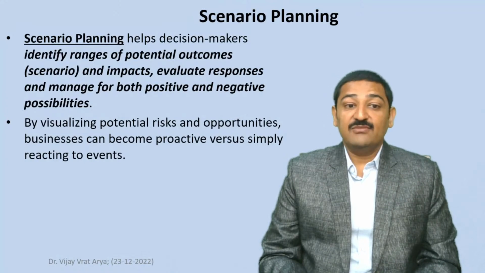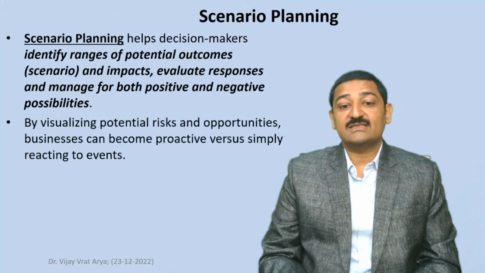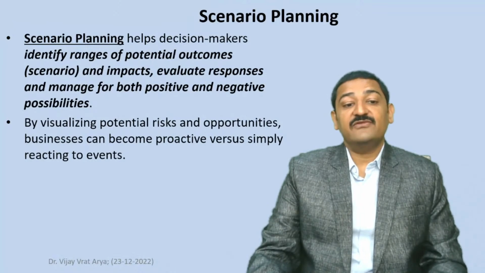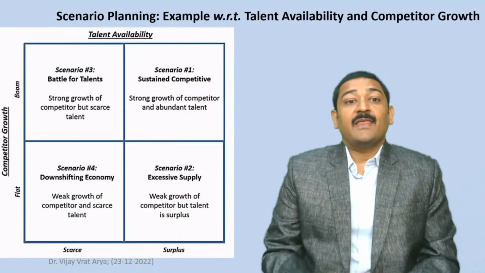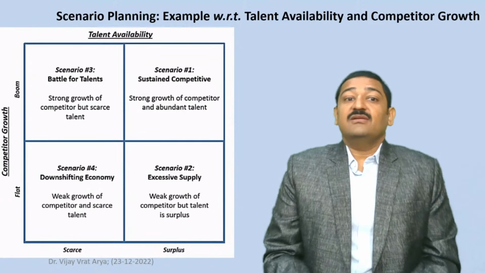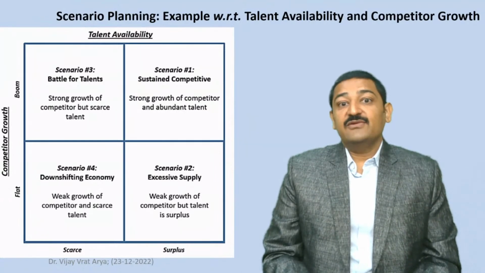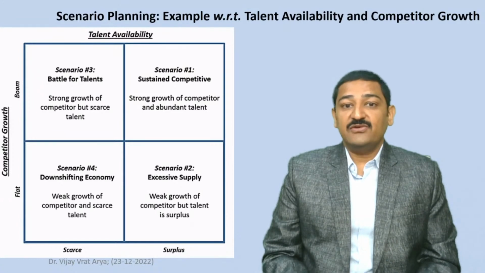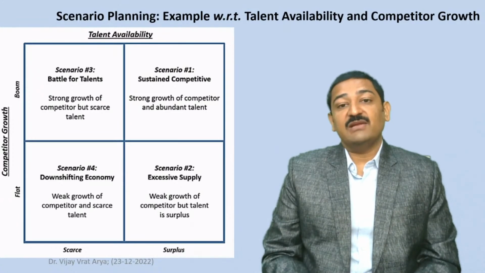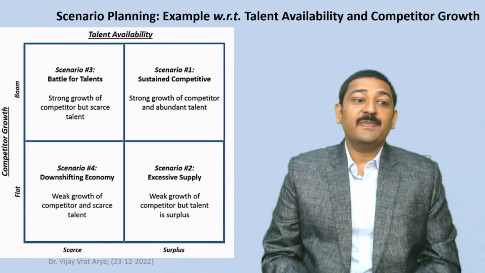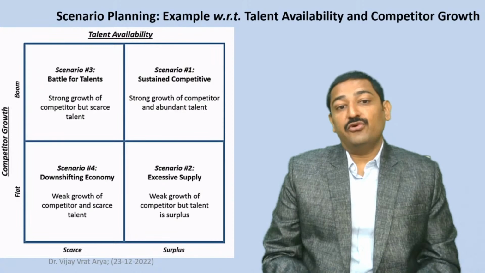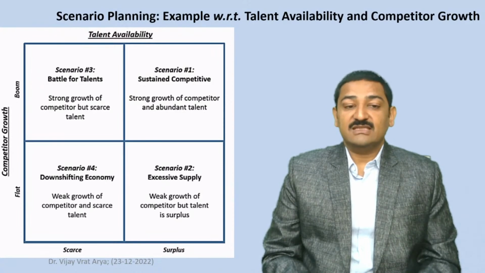By visualizing potential risks and opportunities, businesses can become proactive versus simply reactive to events. As an example of scenario planning, we have considered two such aspects, that is, the relation between talent availability and competitor growth. From that perspective, there are four scenarios considered here.